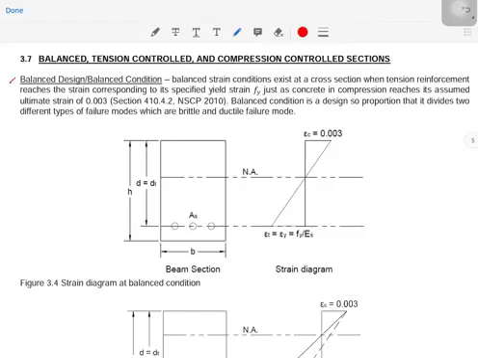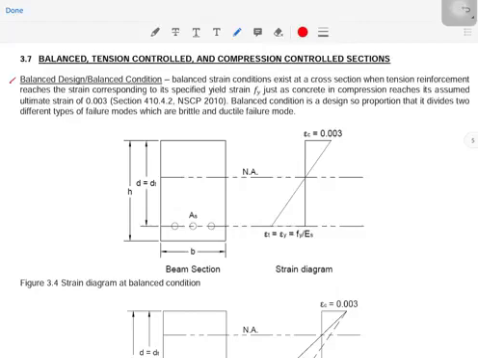Let us discuss first the balance design, or the balance condition. So balance strain conditions exist at the cross section when tension reinforcement reaches the strain corresponding to its specified yield strain fy, just as concrete in compression reaches its assumed ultimate strain of 0.003 in accordance with NSCP 2010.